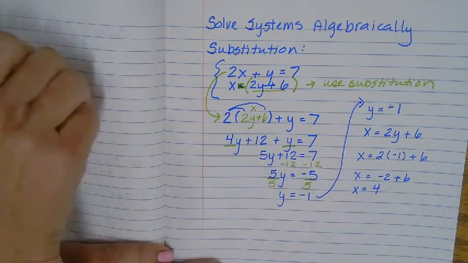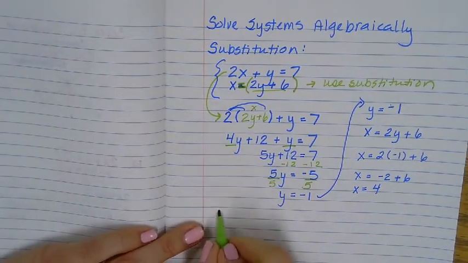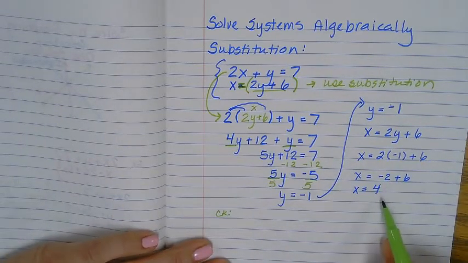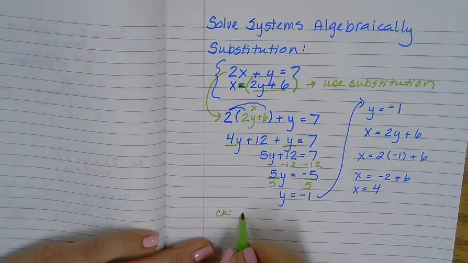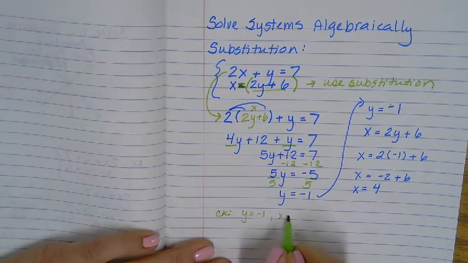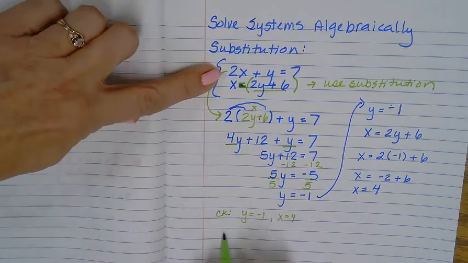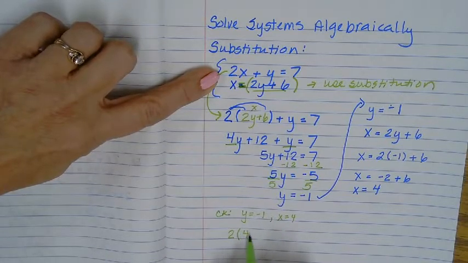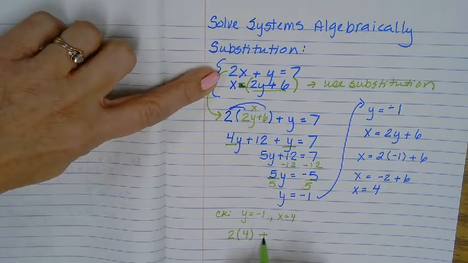Then it's always good practice to check it. So I used the second equation to come up with what x equals. If I plug y equals negative 1 and x equals 4 back into that first equation, then we can check it and see if what we have makes sense.